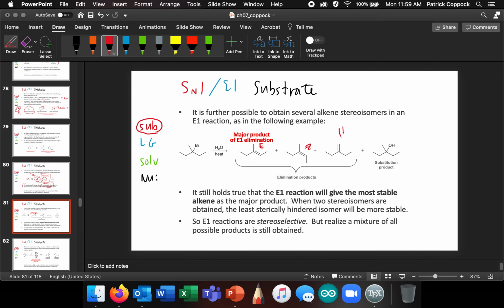And here's a Hofmann product, okay? But this is going to be the major product because it is the most stable, okay? It still is going to give the most stable. And so we can say that E1 reactions are stereoselective. But you have to realize that it is likely that we're going to get a mixture of things, okay?